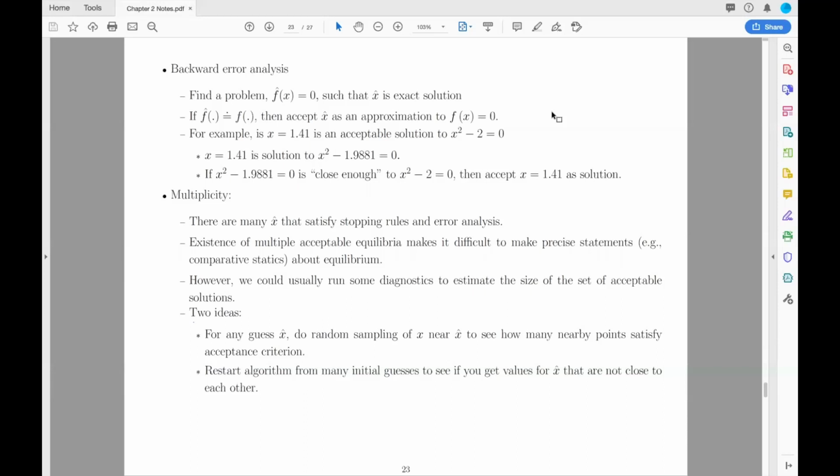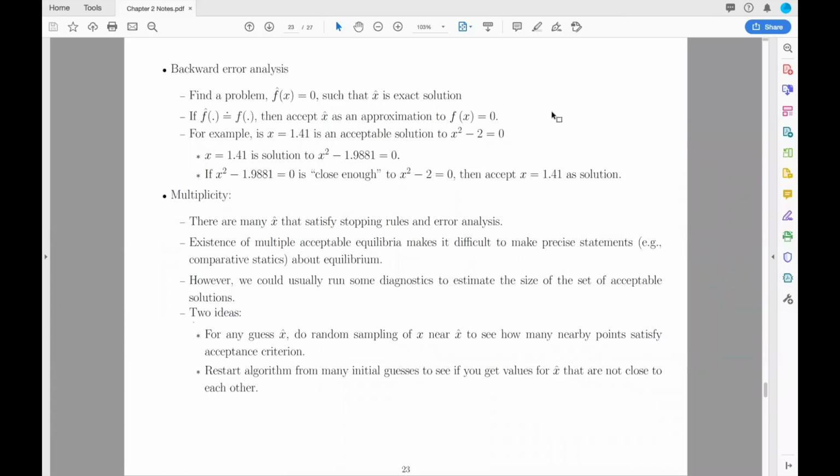Even if there's a unique x such that f of x is 0, when you do your iterative process to compute x, the number that comes out will depend on the stopping rule you have, and different algorithms will converge to x from different directions. So when you have a stopping rule related to a target accuracy of epsilon, you're really computing an epsilon equilibrium. That's what you're really doing. And so you have a multiplicity of computer solutions.